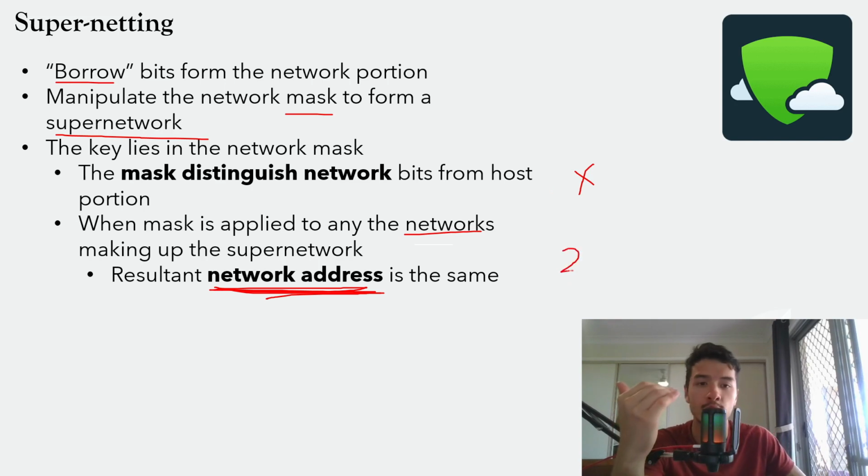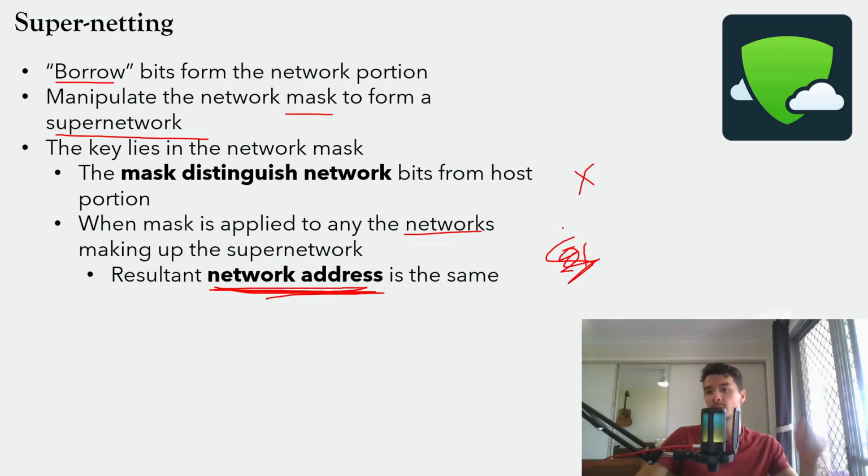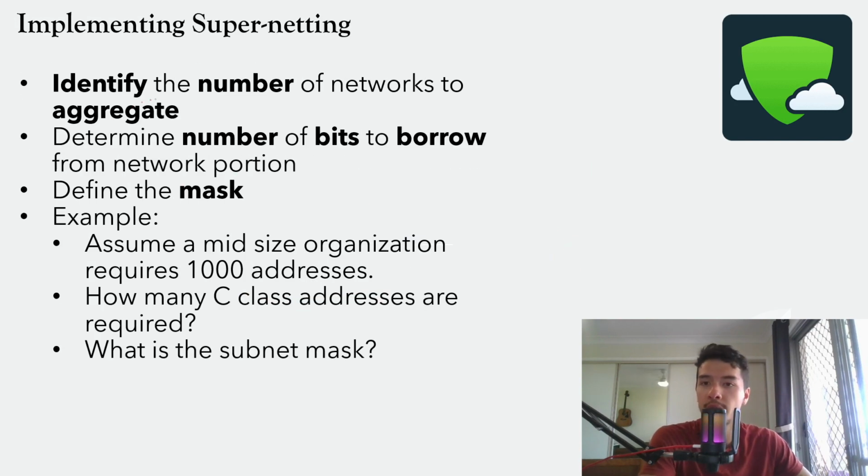So even if you have 32 networks, the first network that starts that subnet is the one that's visible, but obviously supernetted in a way. So identify the number of networks in the aggregate, determine the number of bits borrowed to form the network portion, and define the mask.